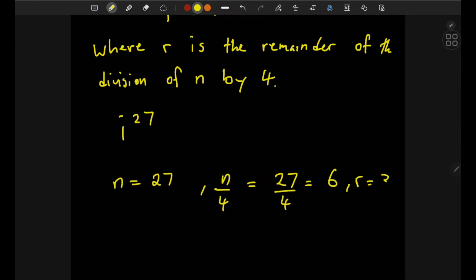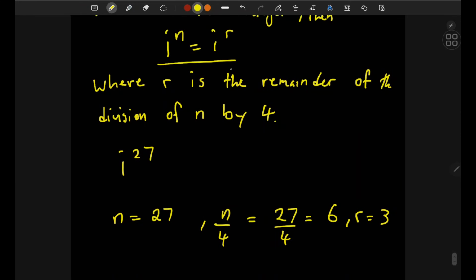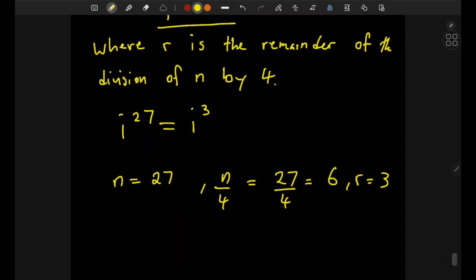Our remainder is 3. So in comparison to this expression, our r is 3, so we'll say 3. And we just identify what is i raised to 3. i raised to 3 is negative i, and that is our final solution.